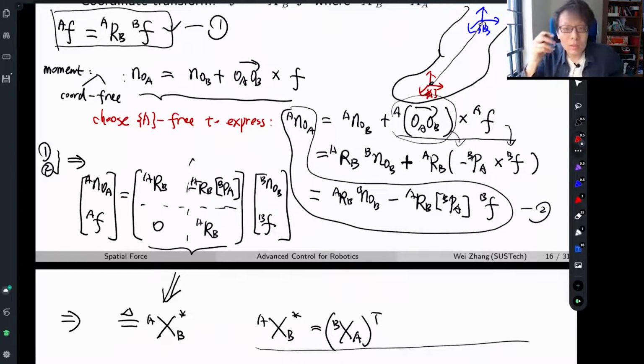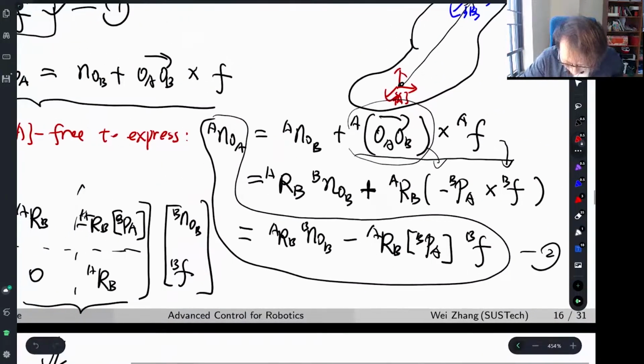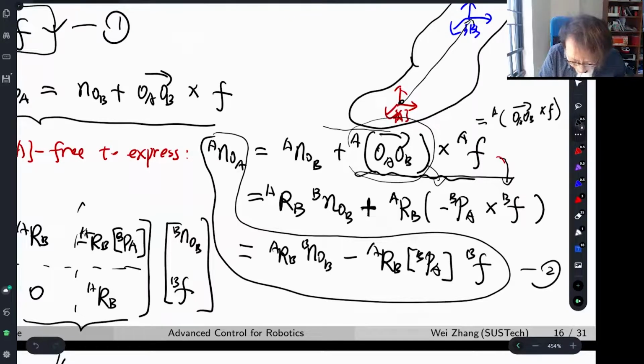But for me, I tend to think in a coordinate-free way. I don't want algebraic formulas. For example, this equals O_A O_B hat cross F expressed in A, right? That's what we're trying to do.